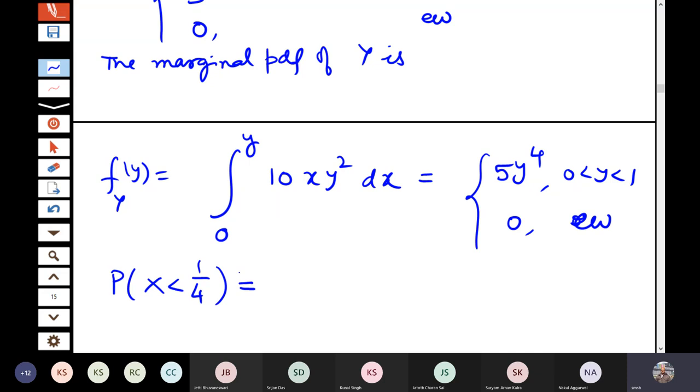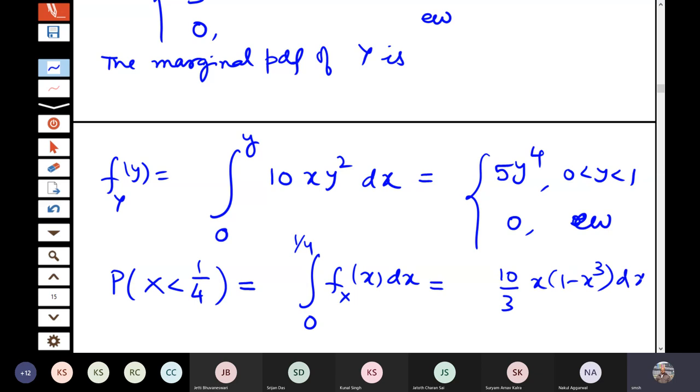Then this will be calculated from the density function of x integrated from 0 to 1 by 4. So that is 10 by 3 x into 1 minus x cube dx, 0 to 1 by 4.